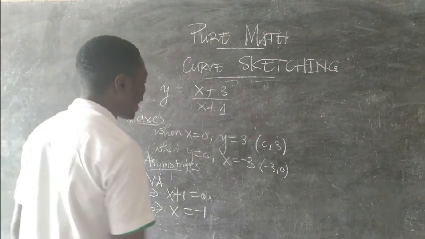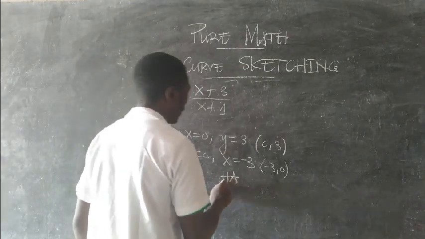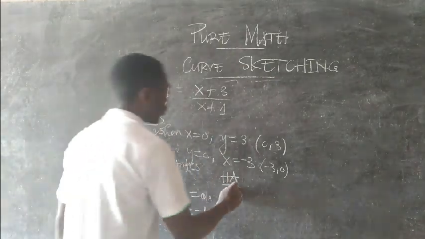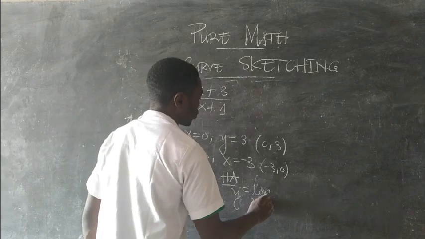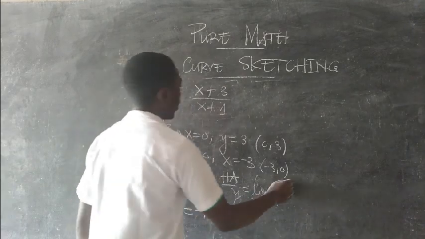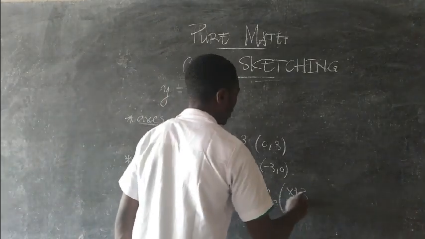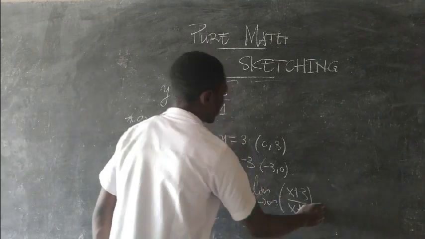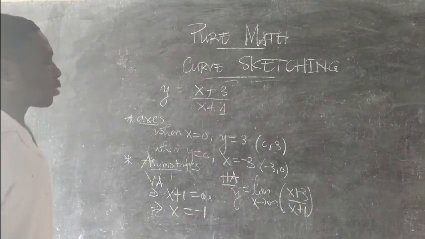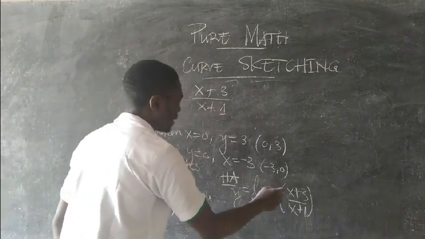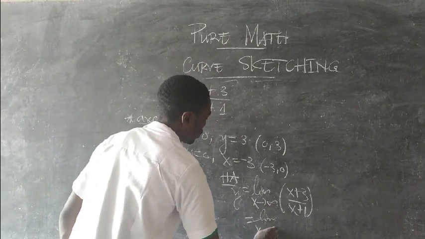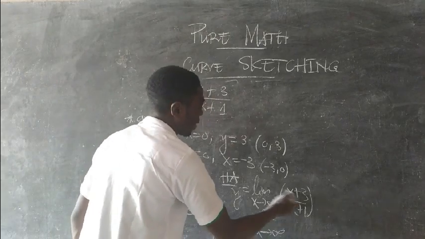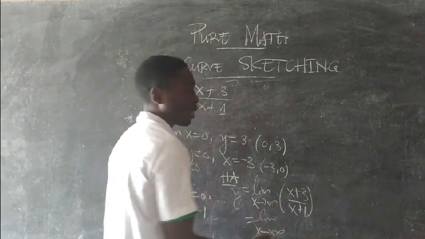Now for the horizontal asymptote, what am I going to do? y will be equal to the limit as x tends to infinity of x plus 3 over x plus 1. If I take that limit, it will be the same as the limit as x tends to infinity of, I can factor out x, this is the best way to look for it.